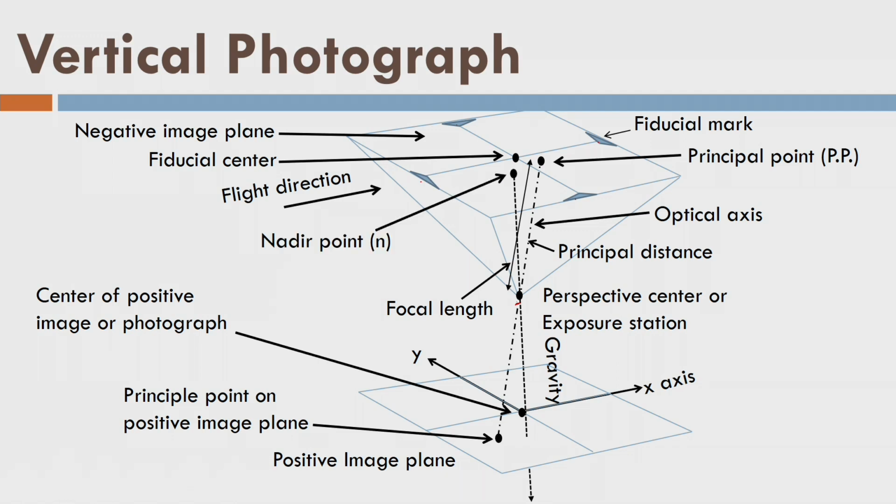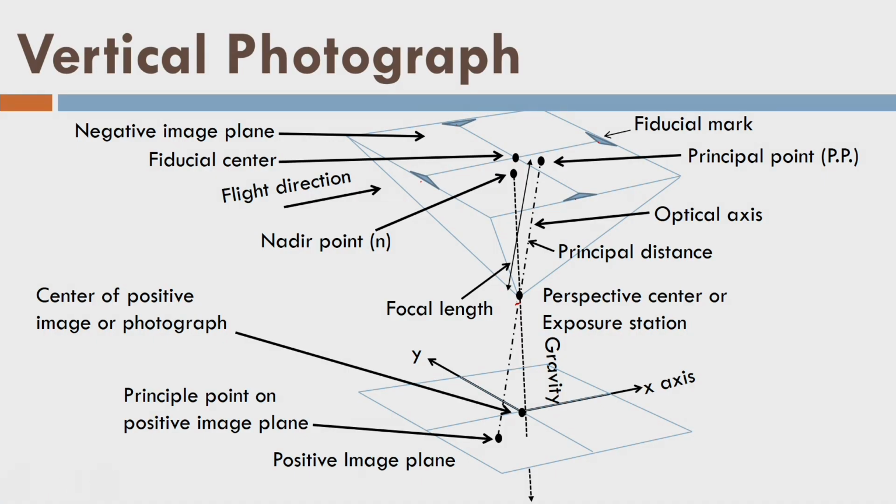The nadir point, small n, in the image is the image of the real nadir point on the ground, where the gravity direction is going to intersect with the ground. Fine. So, that is a kind of mechanism of the vertical photograph, that we should understand before we go ahead. If you have any doubt, just go through the video again to understand these things.